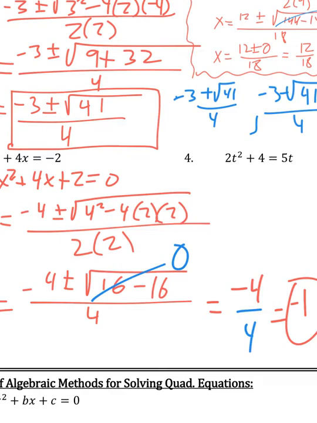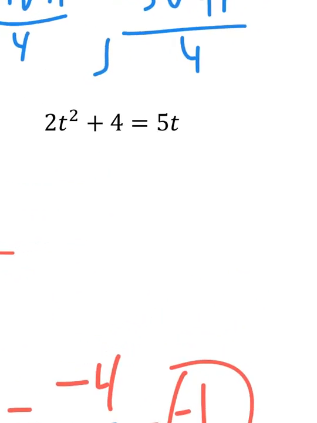All right. This one more. This one gets interesting. Fun stuff happens there. Got to set it equal to 0 first. Get that 5t out of there, right? Subtract it from both sides.